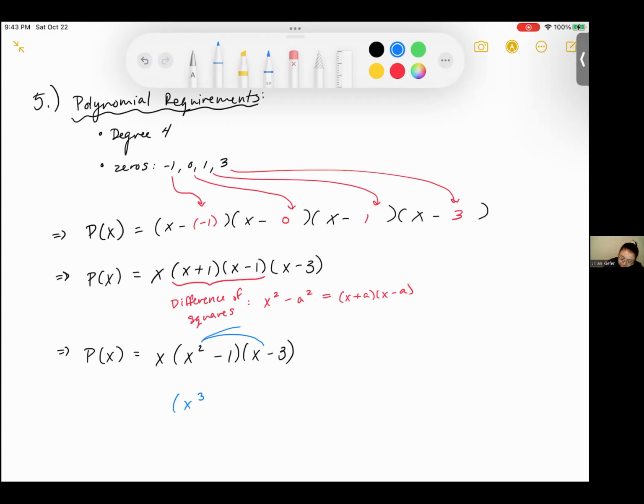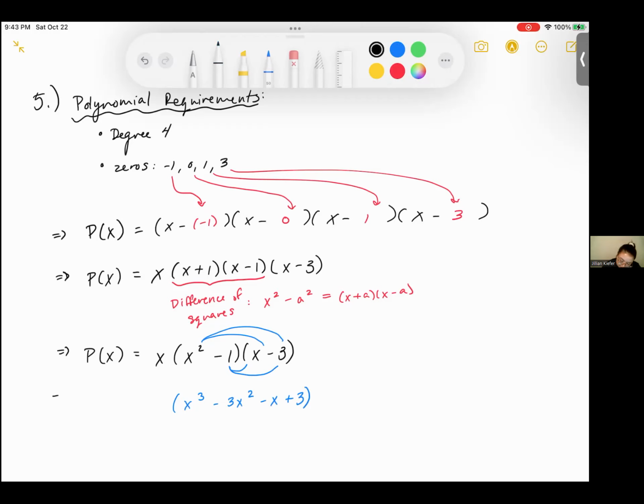Outer, negative 3 times x squared, you get negative 3x squared. Inner, negative 1 times x would be negative x. Last, negative 1 times negative 3 would be positive 3.